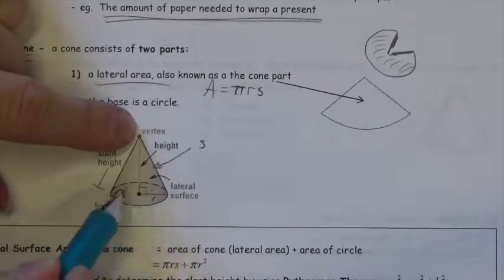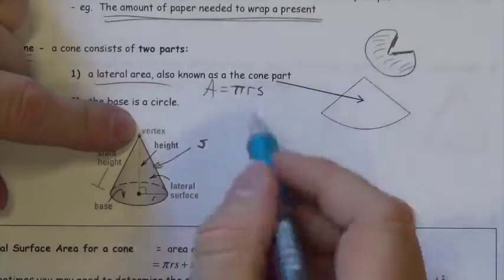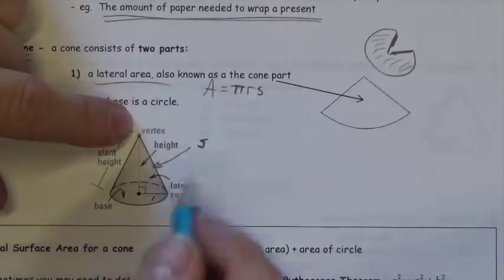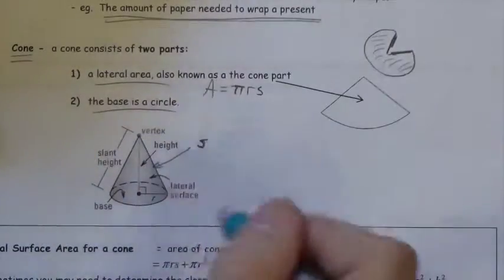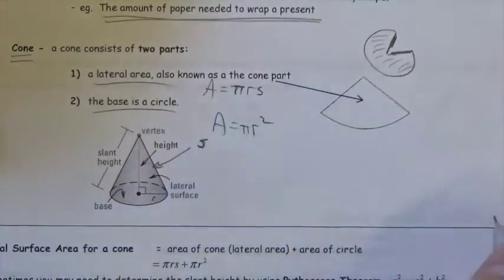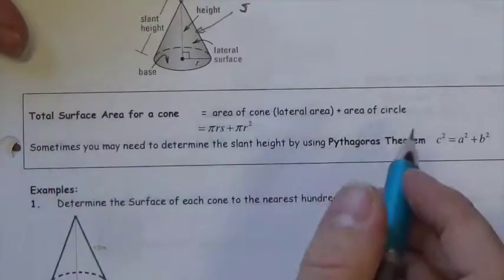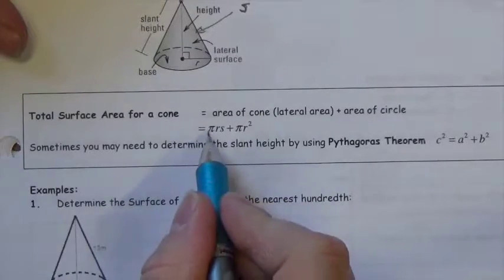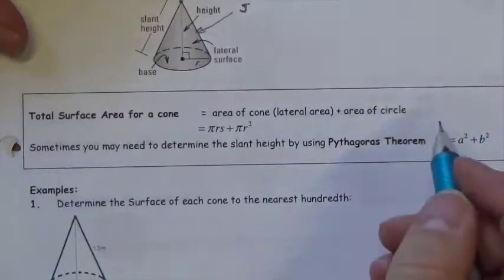So the surface area around the cone, the part that you would grab, is just pi r s. Then you have to consider the base of the cone, that circle, and the area of a circle is pi r squared. Putting those together, the total surface area of a cone is pi r s, the lateral area, plus pi r squared, the bottom.